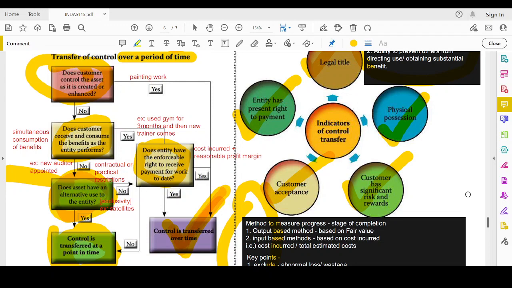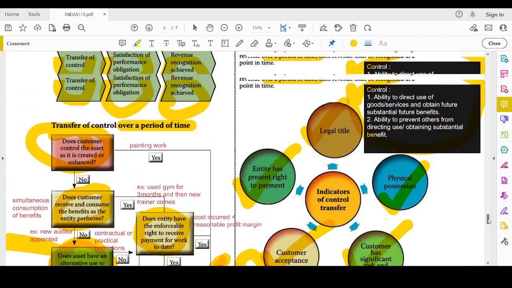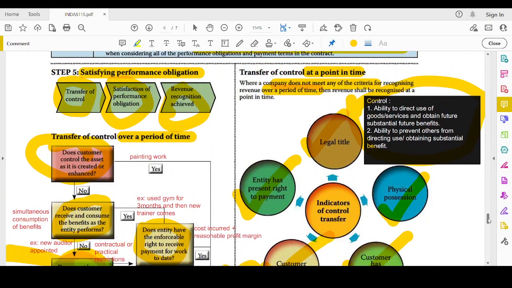For control transferred at a point in time, we first have to understand what control is, right? We have missed it. Control means I have the ability to direct the use of the goods or services. If I have a laptop, I am responsible and I have the ability to decide how it should be used, right?